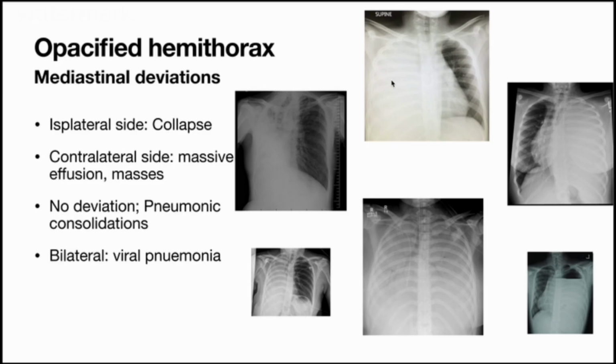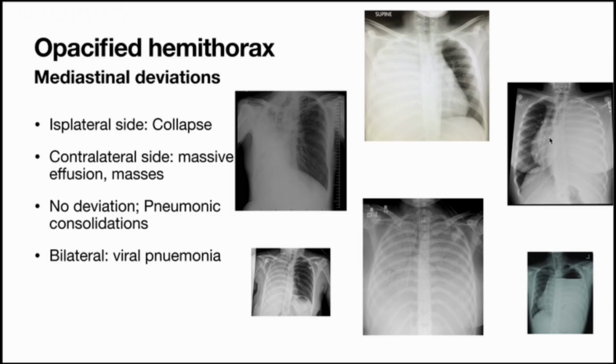The guide on what is causing it would be the effect it has on the mediastinum. For example, if it is tracking the mediastinum, you can see the trachea there is being pulled to its side, then we know the cause of this is lung collapse, that's reduction in volume.